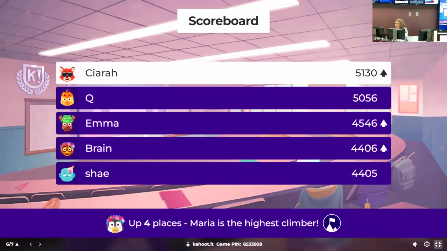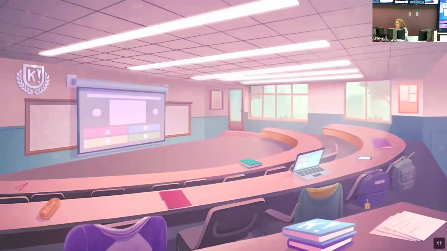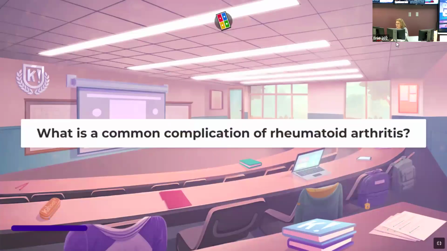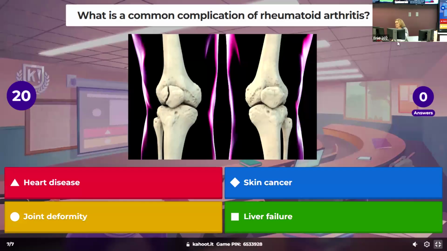Oh, Maria is the highest climber. Way to go, Maria. This one's for double points. Common complication of rheumatoid arthritis. Oh, that's why you keep asking. Liver failure, it says.